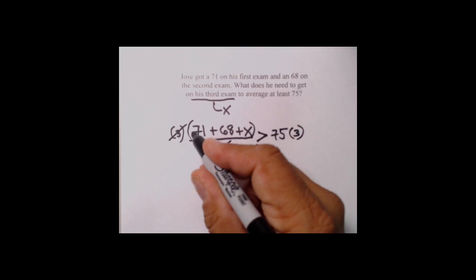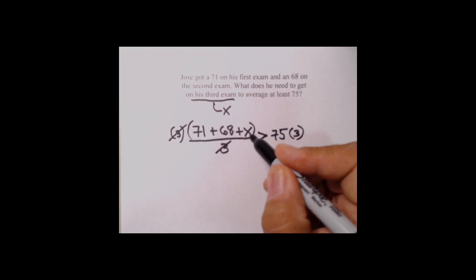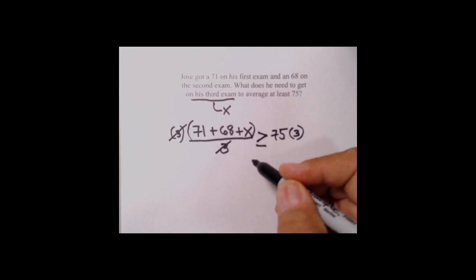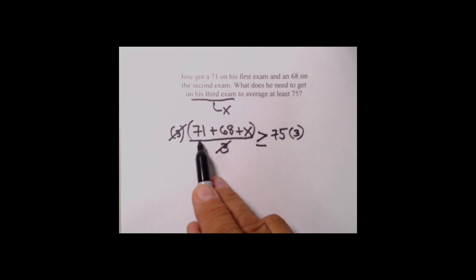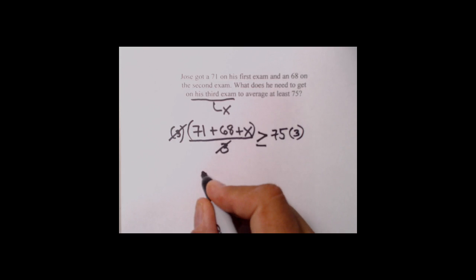Now, why I did that is it simplifies the problem quickly here and allows me to get down to being able to solve for this x. Let's clean up the left side here. Let's see. 71 plus 68, let's see, 139 it looks like.